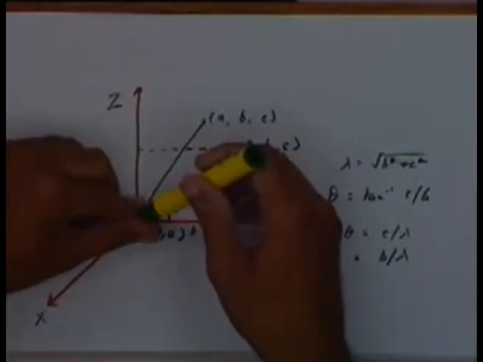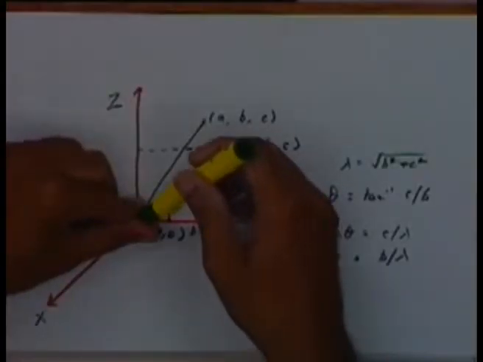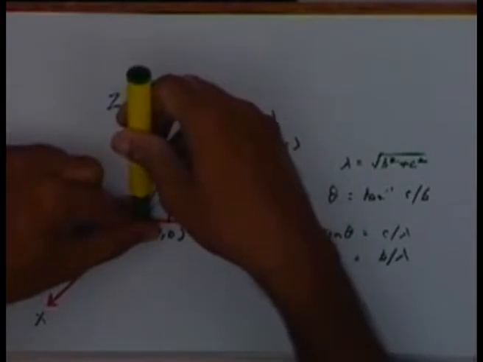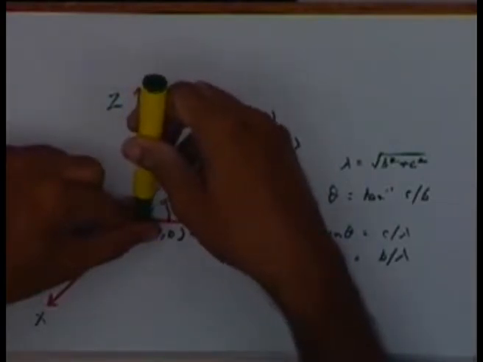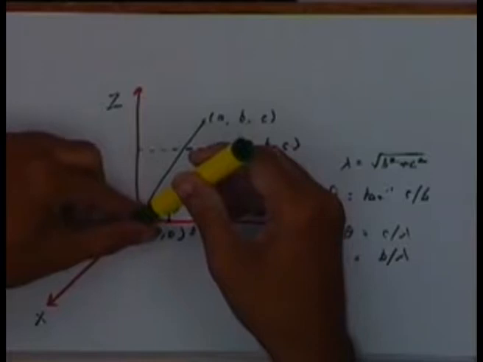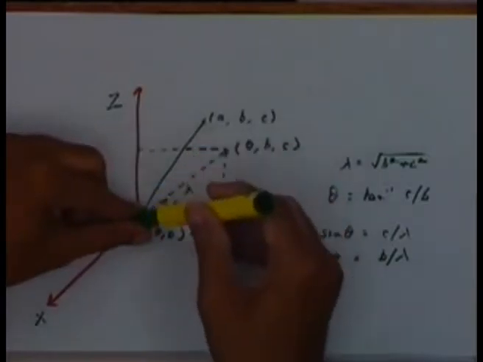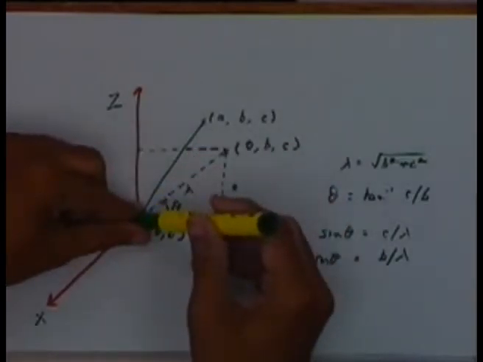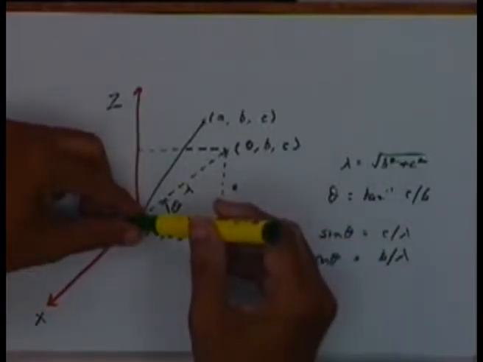If I take this vector and I rotate it by an angle of theta, what will happen? It will again go theta in this direction. I don't want that. So if this is my vector, I will have to rotate it by minus theta so that it will now lie in the xy plane.